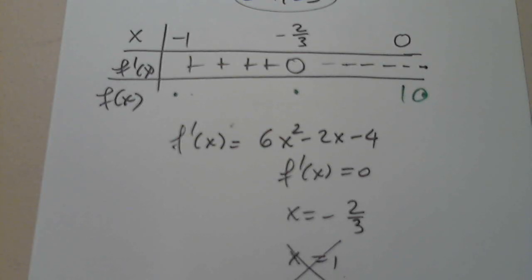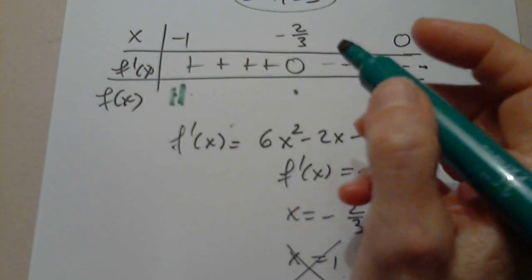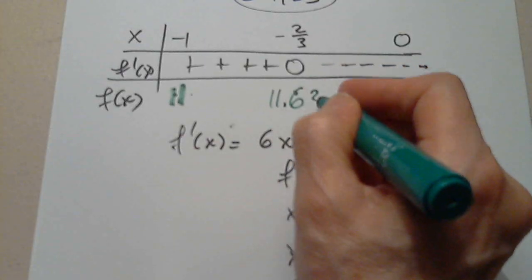So all I need to plug in is -1 and -2/3. I got at -1 we have 11, and at -2/3 we have 11.63.